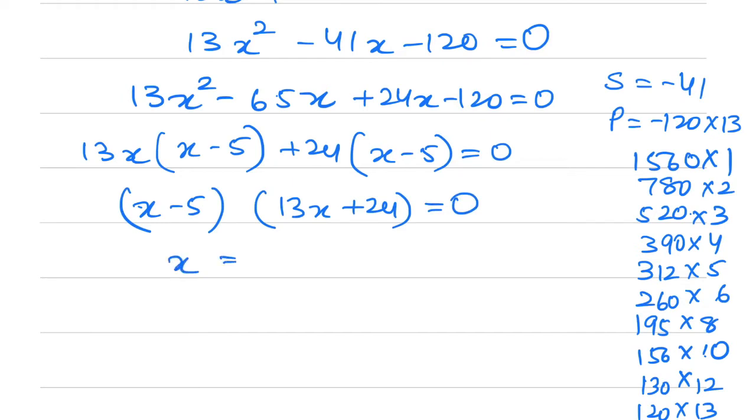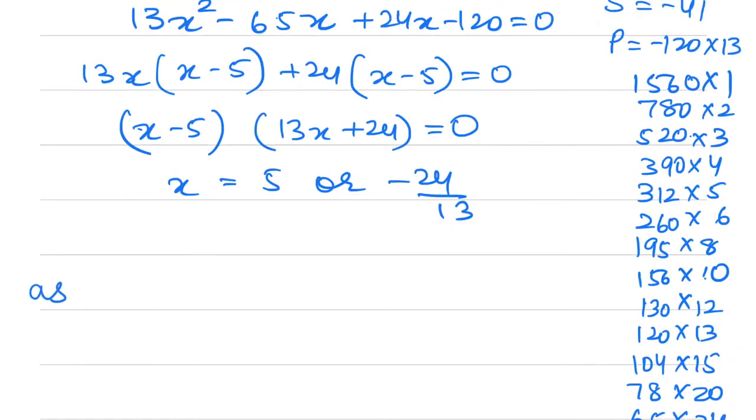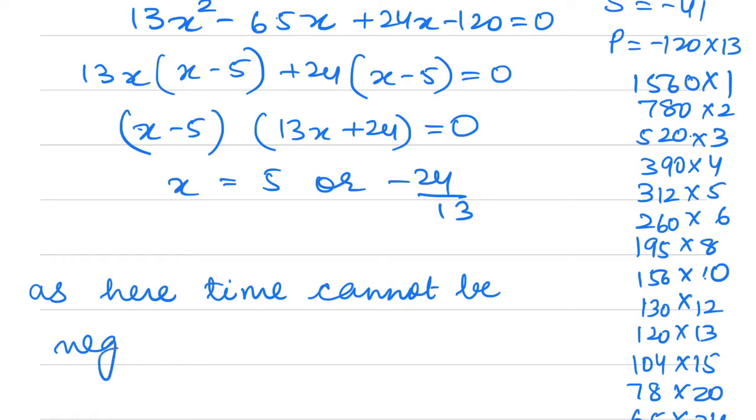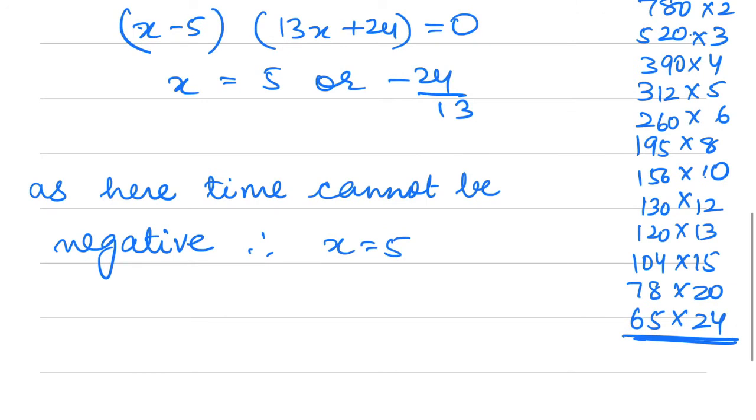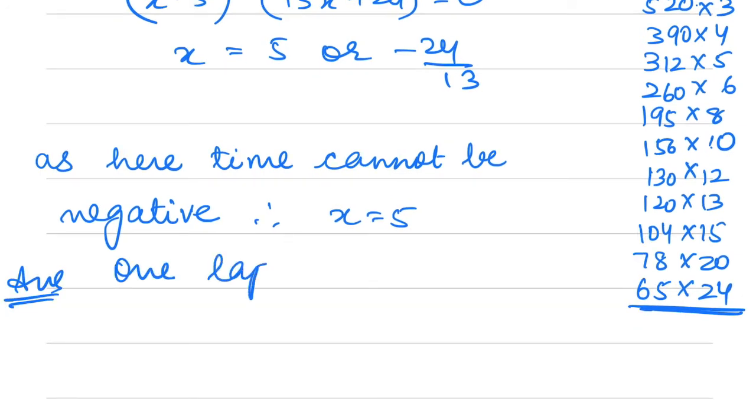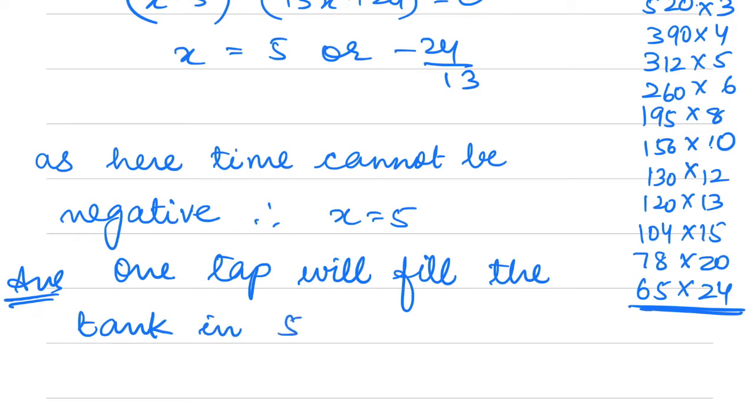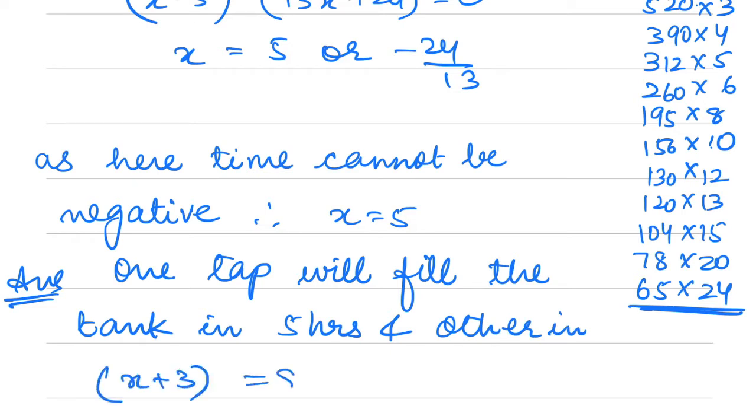So x is equal to 5 or minus 24 by 13, as here time cannot be negative, therefore x is equal to 5. Answer: one tap will fill the tank in 5 hours and the other in x plus 3, that is 8 hours.